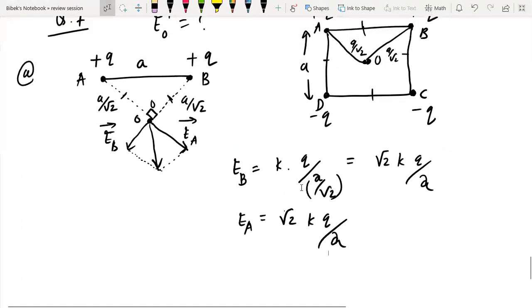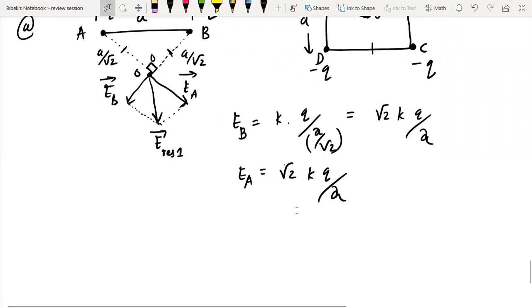Okay, so what will be this resultant vector E? I'll write it as E resultant 1. Since this angle is 90 degrees, this angle will also be 90 degrees, as these are vertically opposite angles. So the angle between the two vectors is 90 degrees. Whenever the two vectors are at 90 degrees, you can just add their magnitudes, there won't be any cross terms.